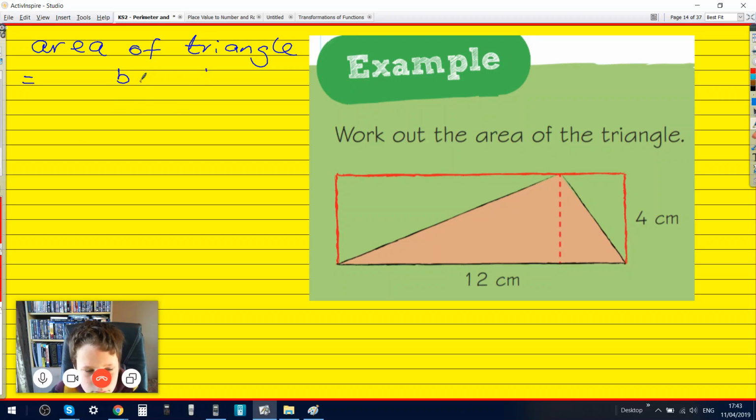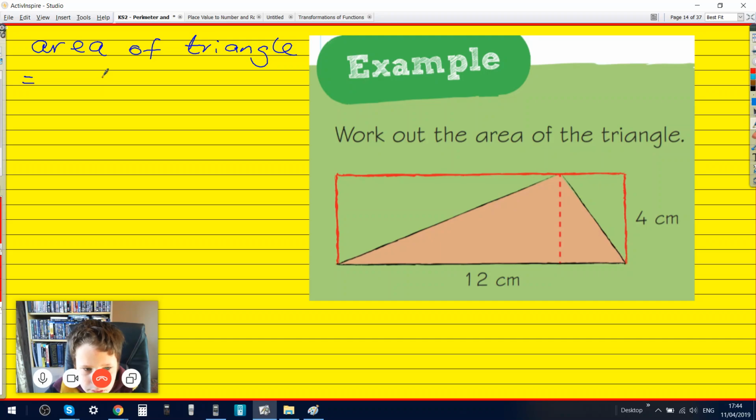Any idea how you find the area of a triangle? Do you do all 3 sides? No. Well, do you know how much of the rectangle, how much space the triangle takes up?